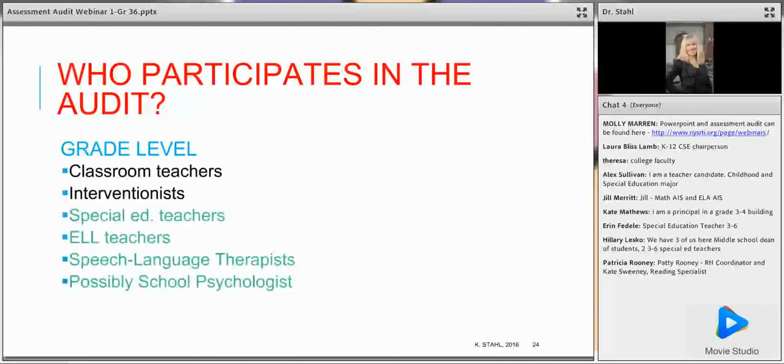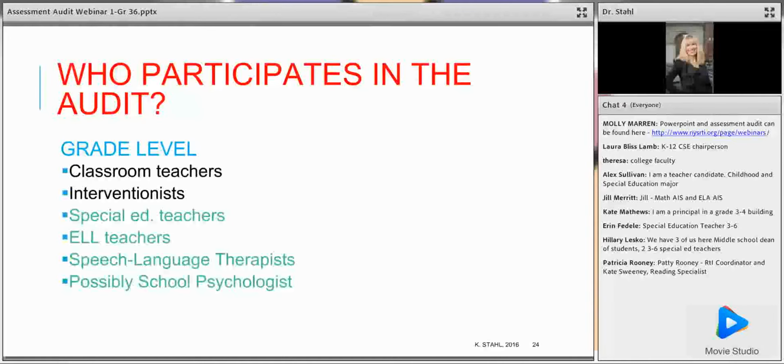Okay, next. Who participates in your assessment audit? So we want grade level classroom teachers. A couple people said that they were going to simply be doing this at the grade level. So let's say the group of third grade teachers wants to do an assessment audit.